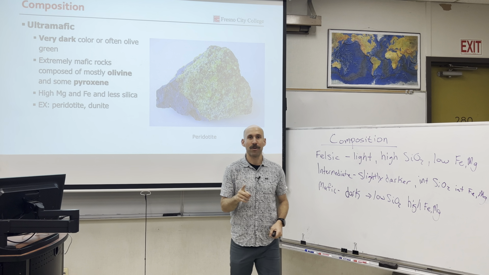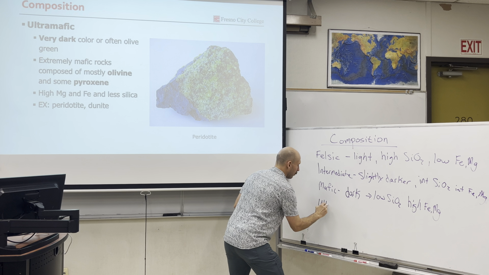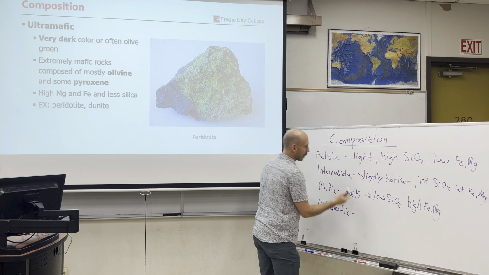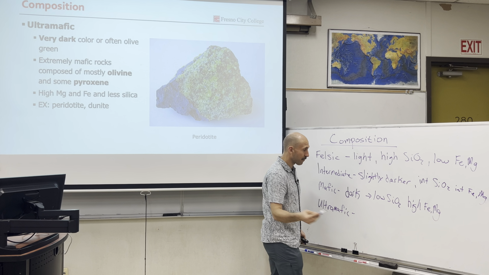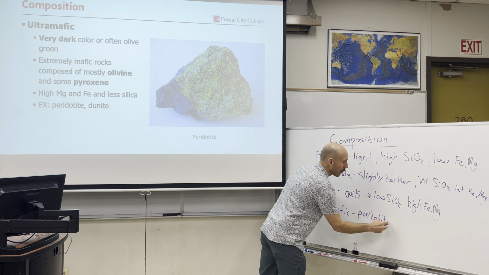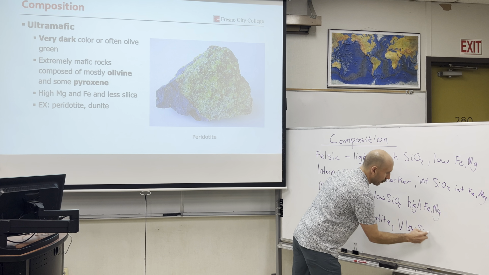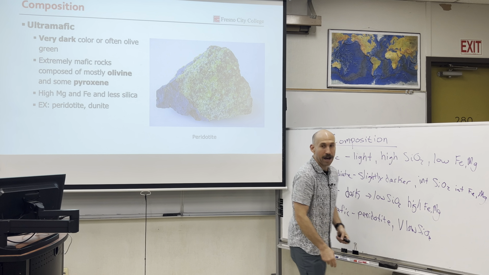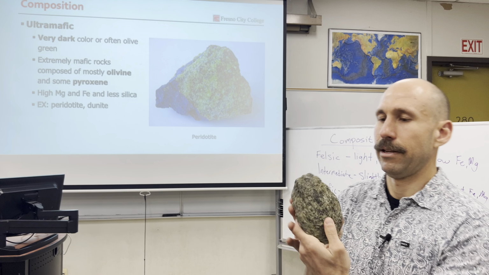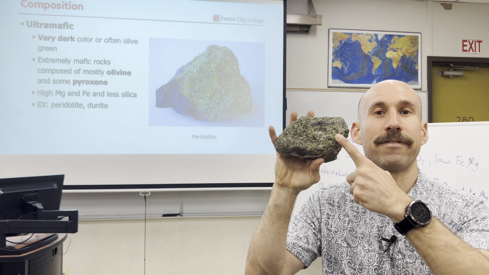Peridotite is known as ultramafic. This one is extremely dark or green because of the mineral olivine. And then it's got very low silicon, very low SiO2, and high proportions of iron and magnesium. Here is peridotite covered with olivine.